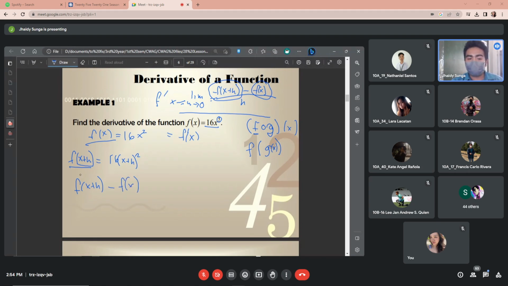Okay po? So we are going to substitute all the values, and that would be 16 times x plus h squared minus 16x squared.